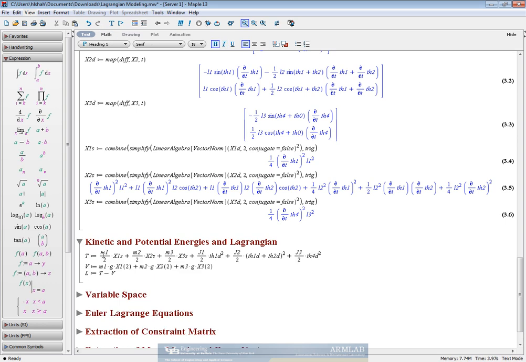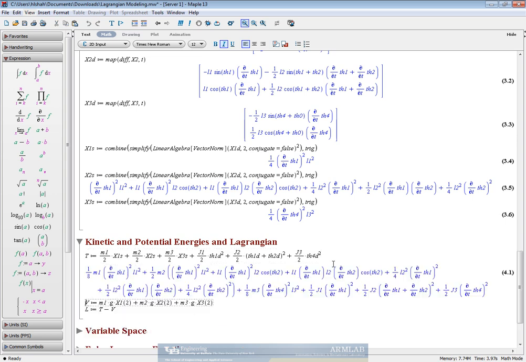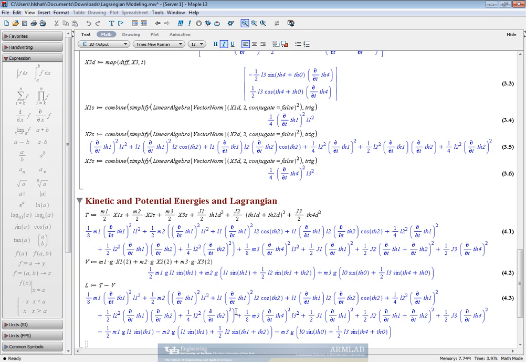So we do that using m1 by 2 into x1s, similarly for m2 and m3, and the whole procedure for the rotational kinetic energy. When we add that, we have an expression. Similarly, we find the potential energy of the system by finding the potential energies of the three masses and adding them up. The Lagrangian is just the difference of these two.